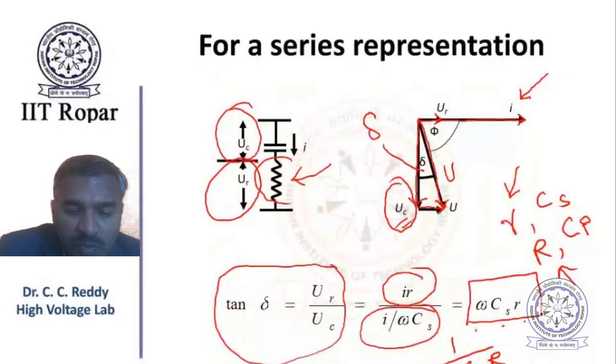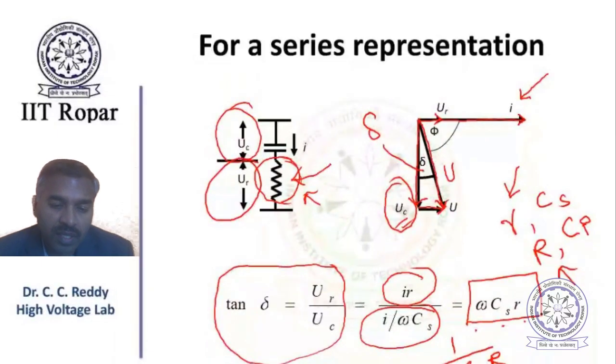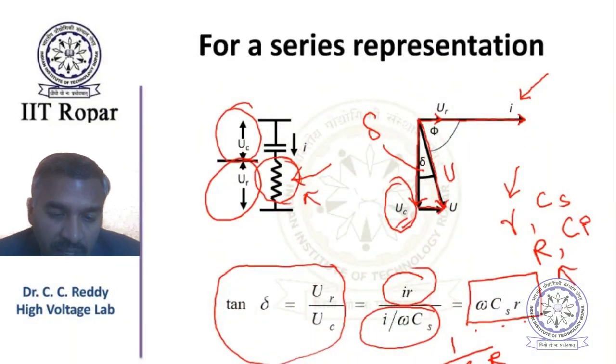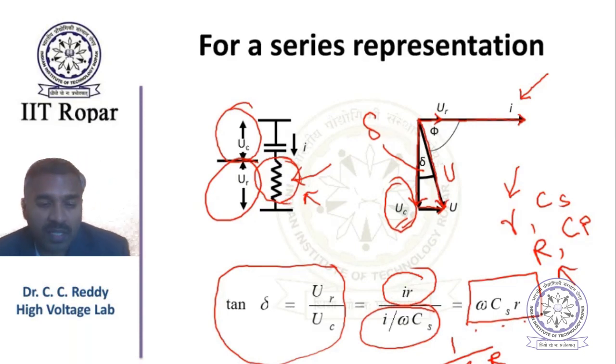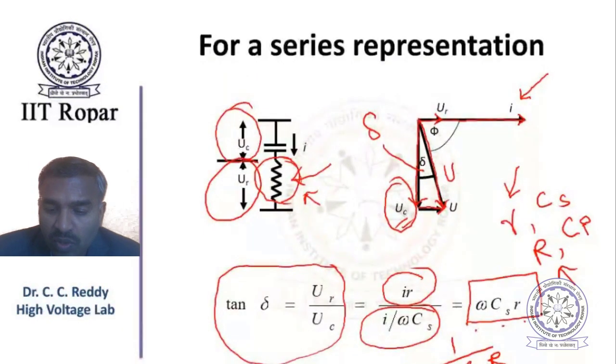Therefore, the resistance must be kept small to match the loss component. In the parallel case, the resistor current should be small because losses normally will be small. That's why the resistance value is more in the parallel representation.